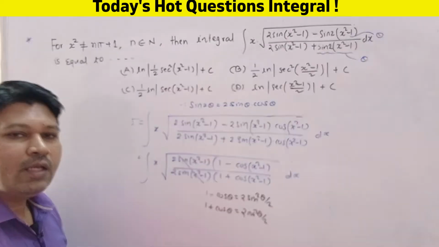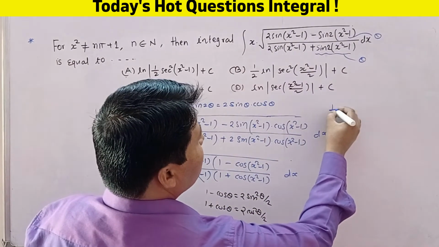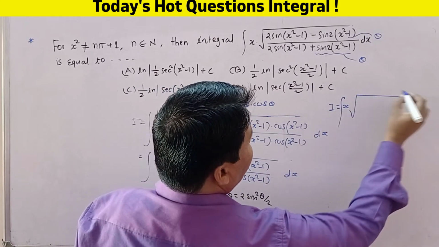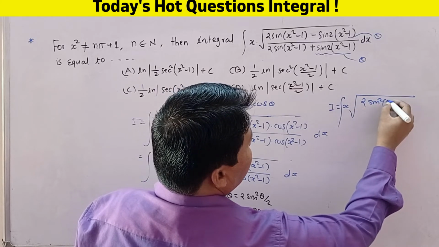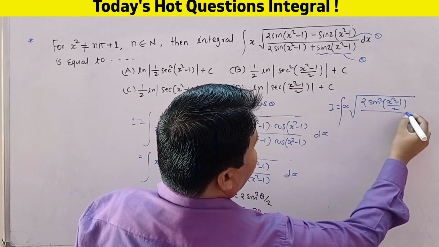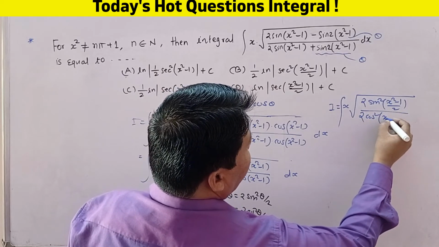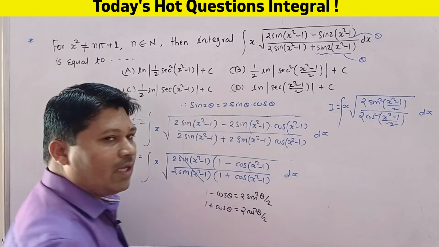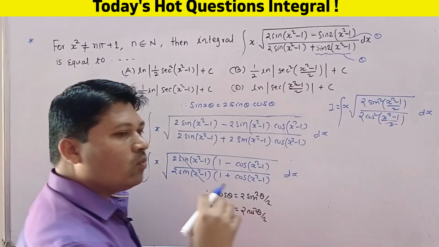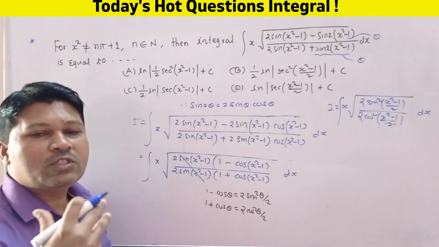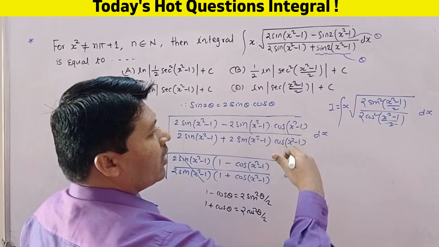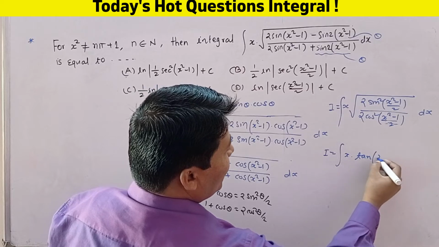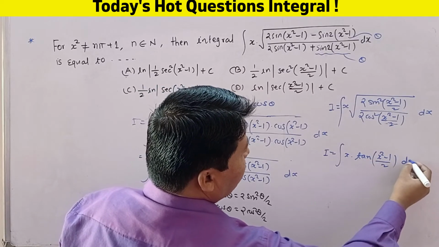So the integral I is equal to the integral of x under root of 2 sin squared((x squared minus 1)/2) divided by 2 cos squared((x squared minus 1)/2), dx. The 2s cancel, and sin squared divided by cos squared is tan squared, so coming outside the root we get the integral of x tan((x squared minus 1)/2) dx.